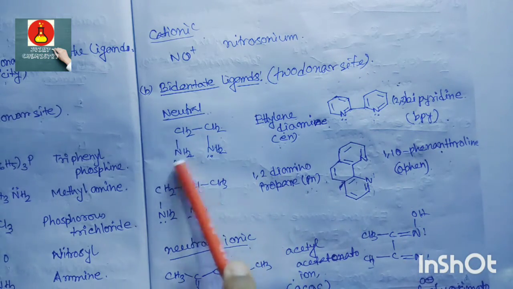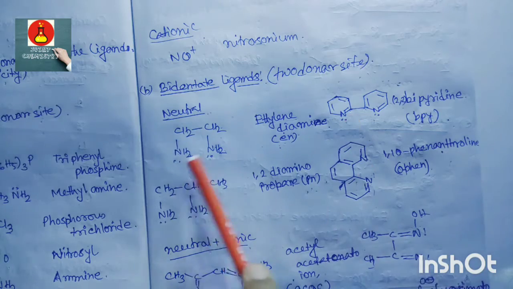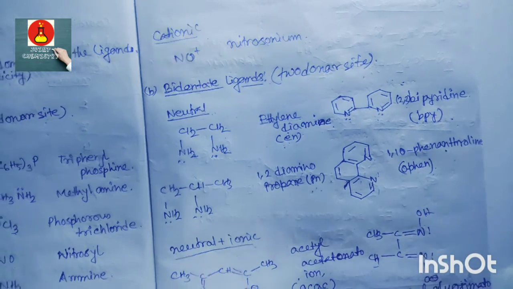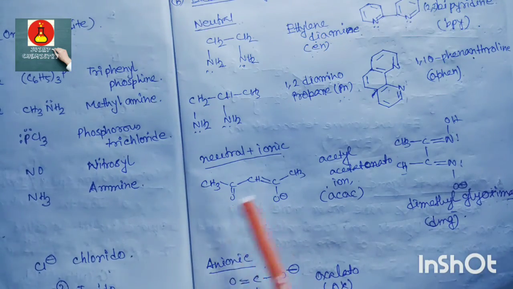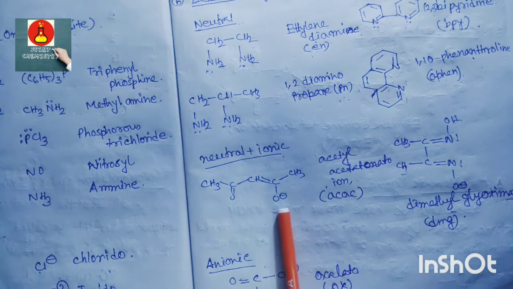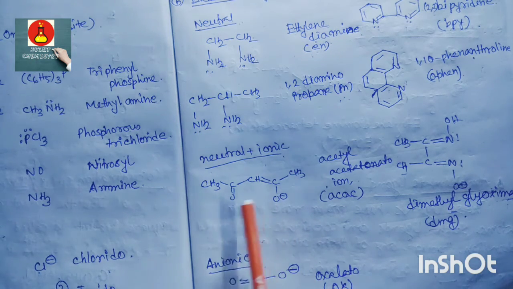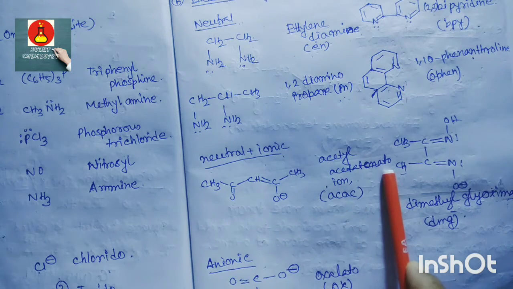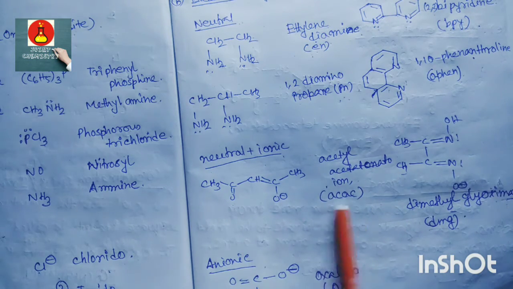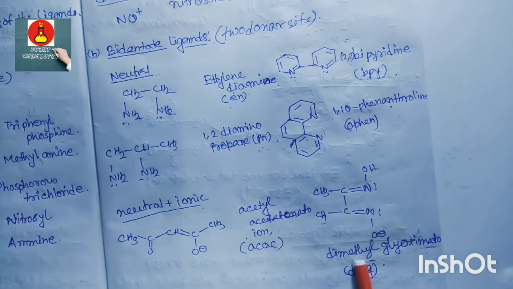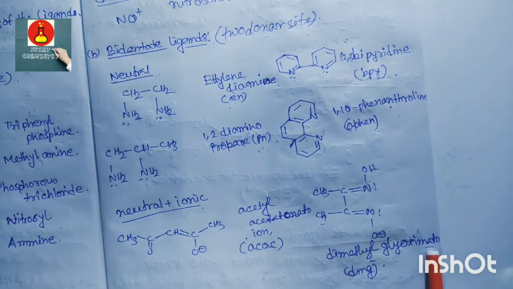As we can see, they all have two donor sites, right? Now there are bidentate ligands where one site is neutral and another is anionic. Some examples are this acetylacetonato ion, symbolized as acac, and this is dimethylglyoximato, symbol is dmg.